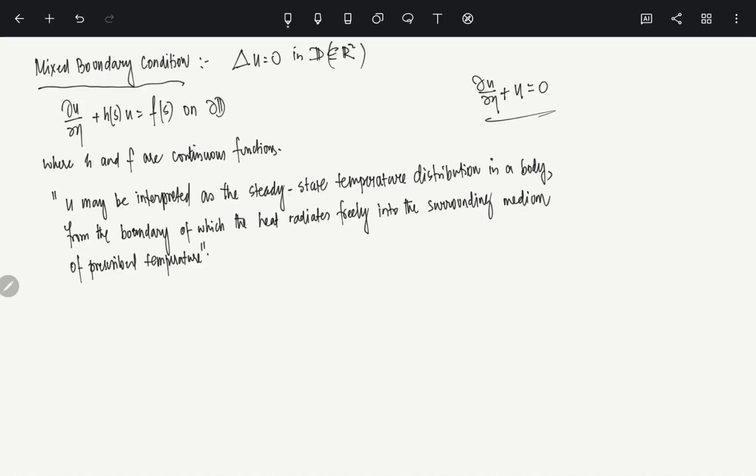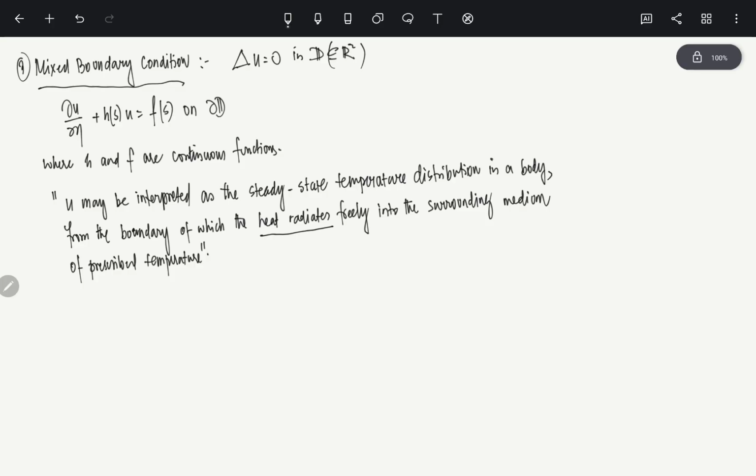Is it okay? Negatively proportional, but you get the point, right? So basically it says that the heat radiates. Radiates means goes out or comes in, it depends, but essentially it radiates freely into the surrounding medium. So whatever the surrounding medium is, it gets radiated there. Yes? Okay. So that's the mixed boundary.